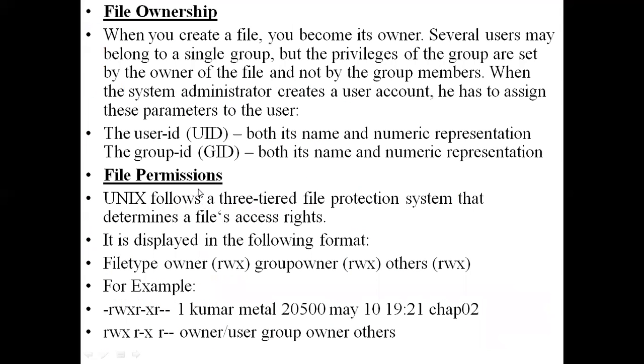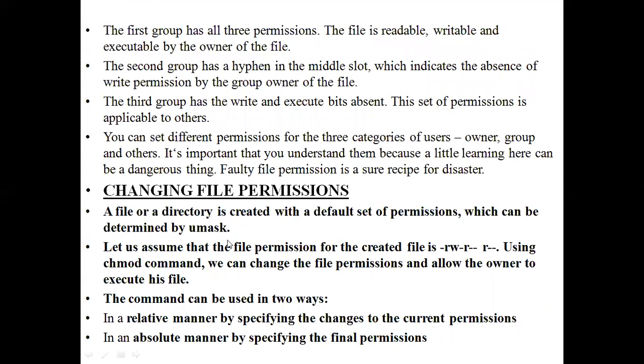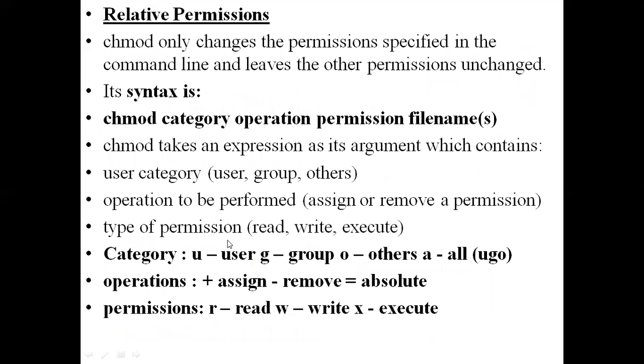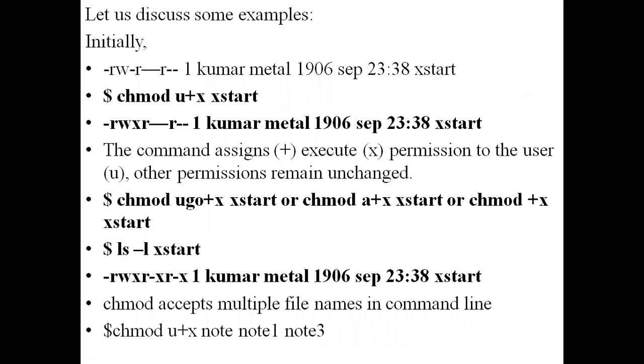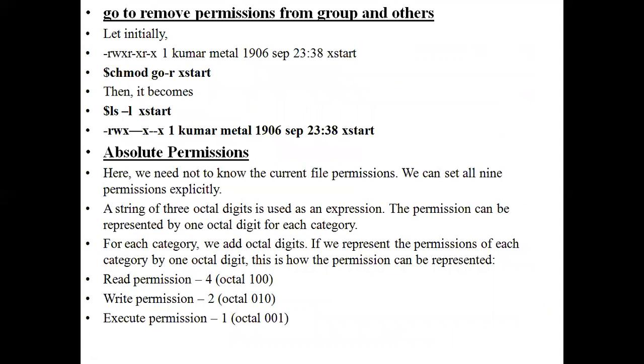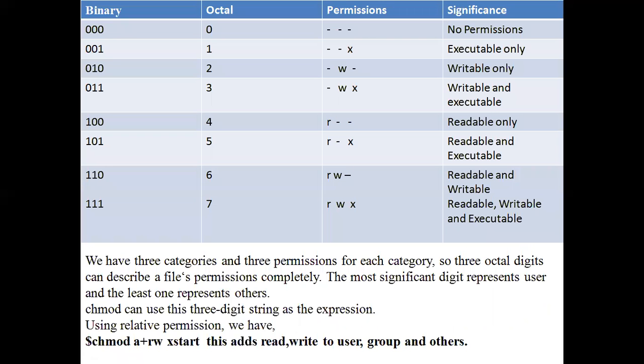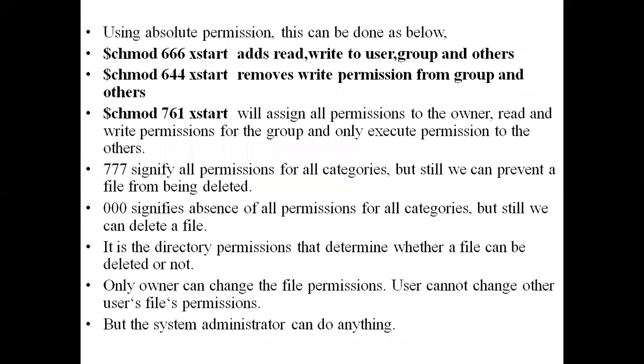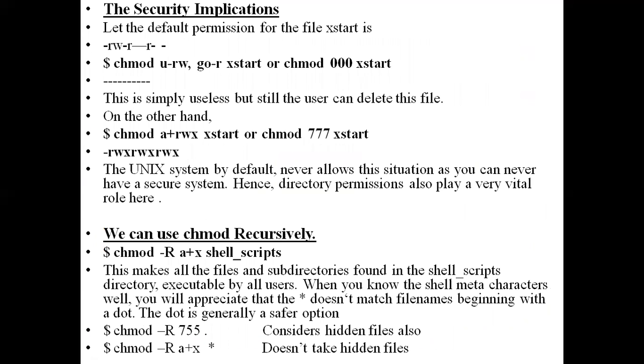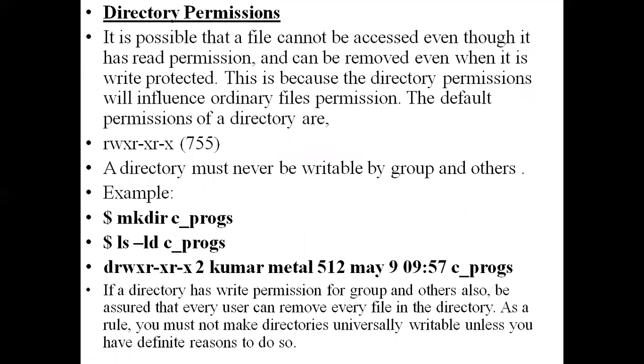Then we saw what file permissions are. Then we saw how we can change file permission, with the help of the relative manner and the absolute manner. Then we saw the security implications with respect to file permission. Lastly, we saw how we can use directory permission, and how it will override the permission of a file present inside that particular directory.